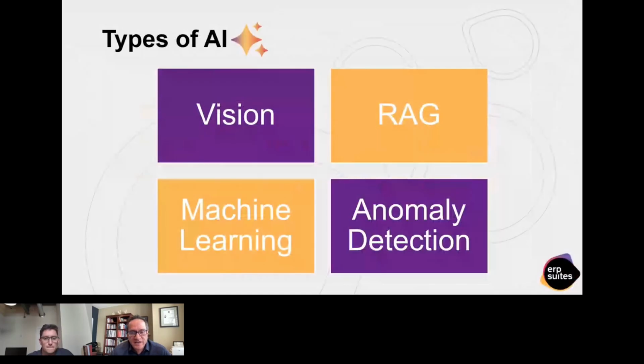So, types of AI. There's quite a few types of AI, but we've summarized four of the key ones. Vision. If document understanding is what we have in the session title, or at least a portion of the title today, document understanding falls under the category of vision AI capabilities, right? So being able to read documents, read images, and be able to harvest that information that is within those types of files.